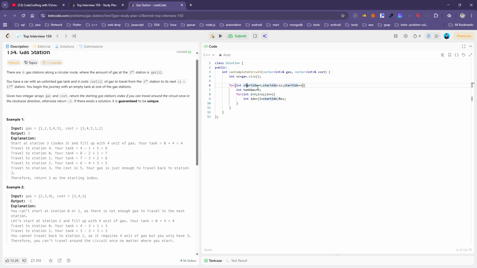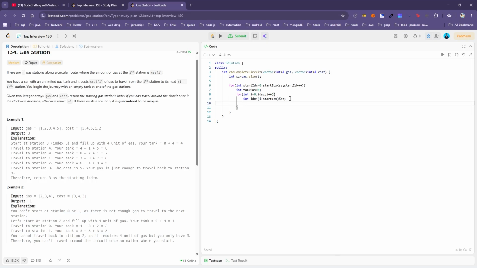So if startIndex is 0, then this is the first index, and on the next iteration i will be plus 1, so this will increase our index, so we will be able to travel the whole array in a circle. That's why we use the remainder with sz. Okay, so we'll get all the indexes ranging from 0 to the last index.